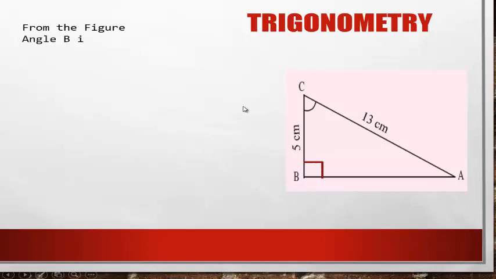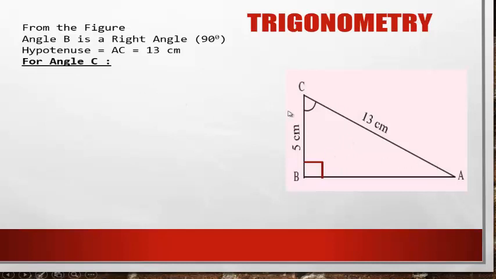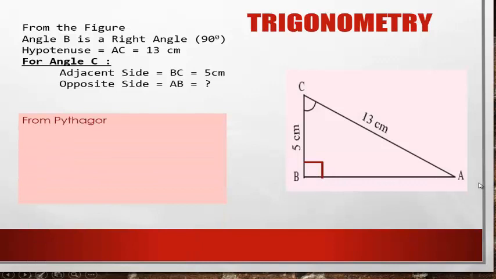From the figure, angle B is the right angle. Hypotenuse AC is 13 centimeters. For angle C, adjacent side BC is 5 centimeters and opposite side AB is not given. From Pythagoras theorem, AB square plus BC square equals AC square. That is, AB square equals AC square minus BC square.